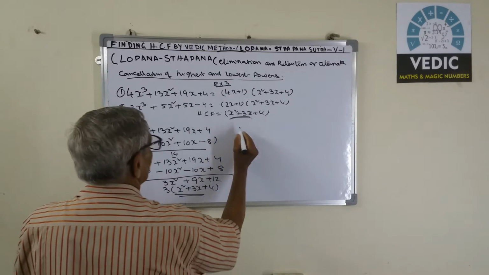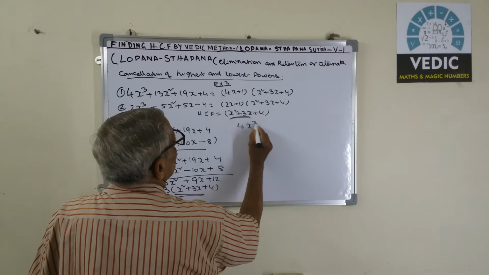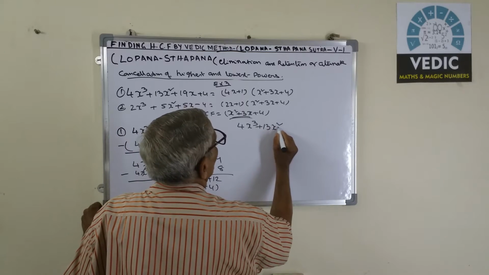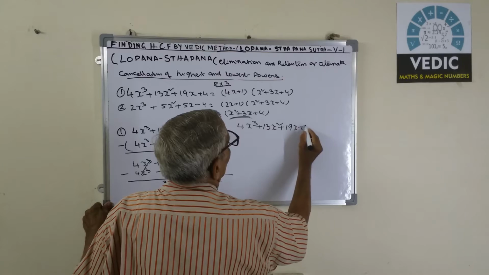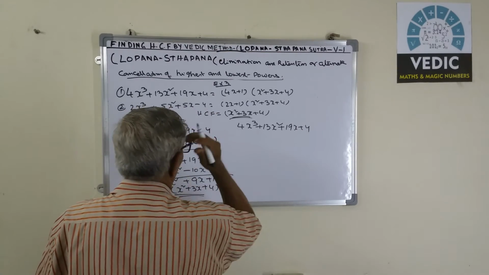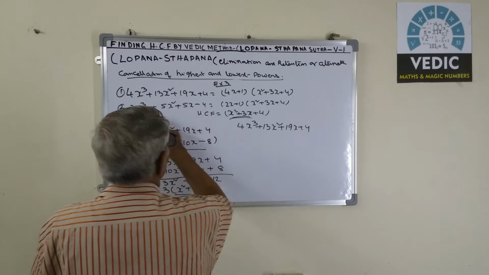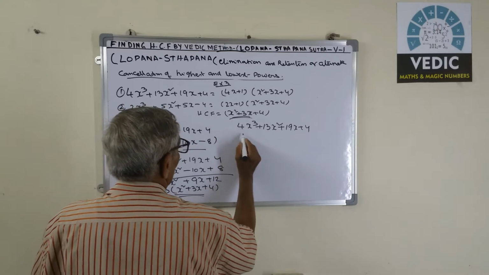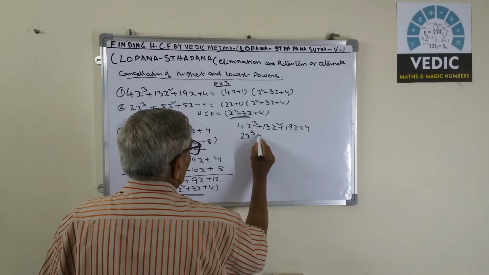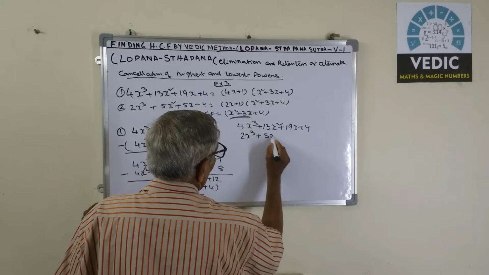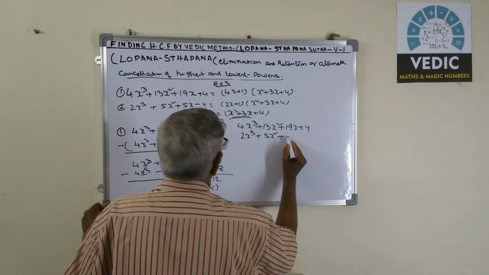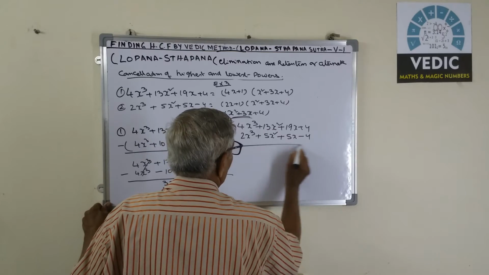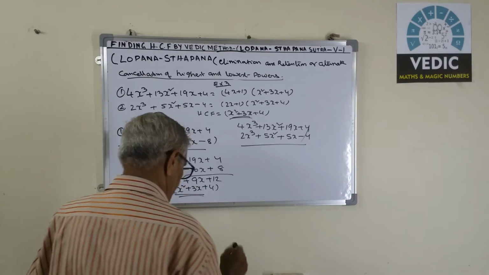Now let us take the addition. 4x cube plus 13x square plus 19x plus 4, and now add the second, 2x cube plus 5x square plus 5x minus 4. Here there is no need of equalizing the coefficients. The lowest terms got cancelled.